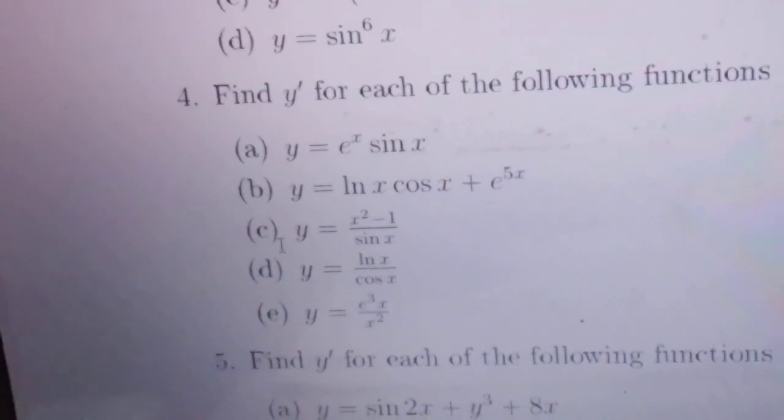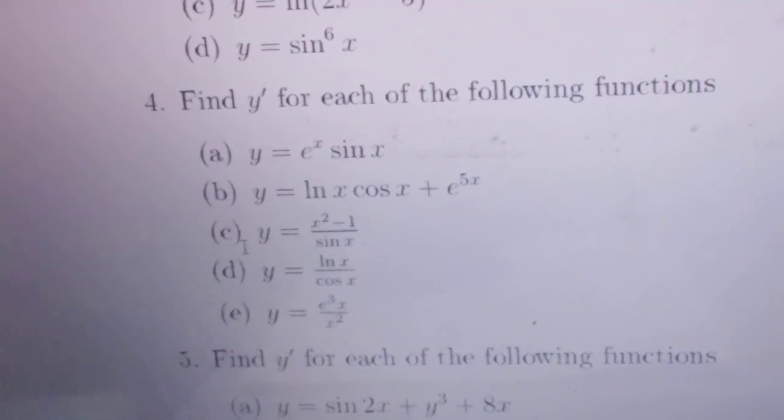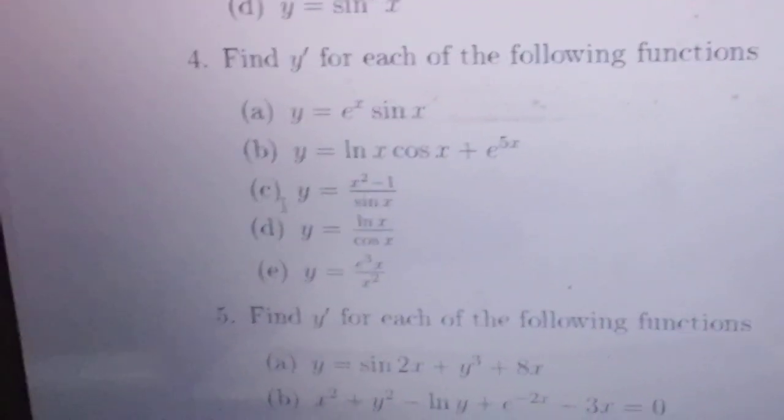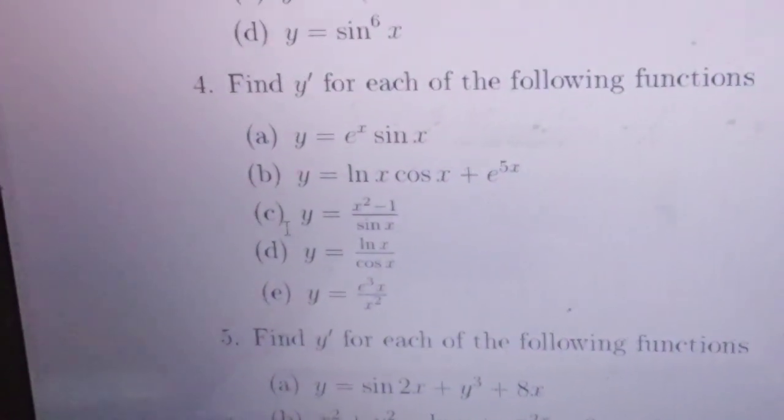So y is equal to (x squared minus 1) over sine x. For this one, the formula for differentiation is dy over dx is equal to (u prime v minus v prime u) over v squared.